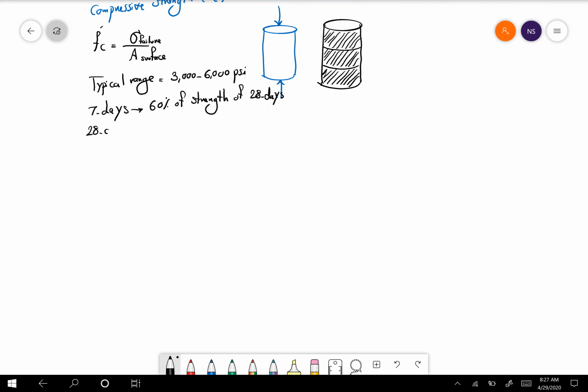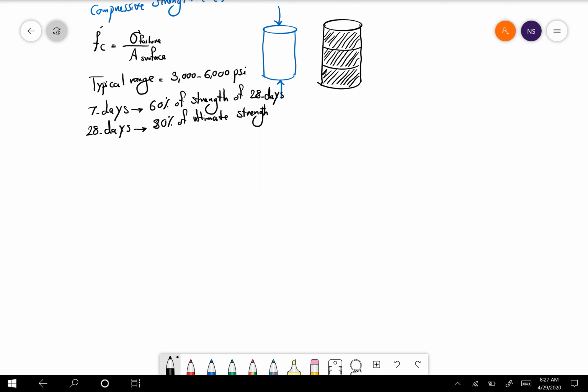And after 28 days, you will have 80% of ultimate strength. And the strength after 7 days, they usually call it early strength. That's where you want to know how much strength your concrete is gaining after the first 7 days. That's the early strength.